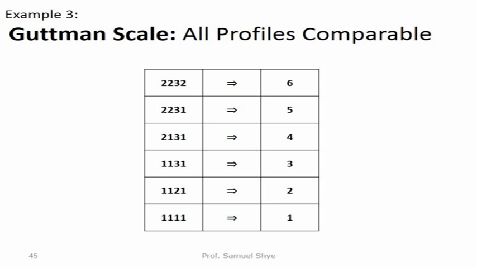In this example that you see in front of you, we have 6 profiles and each is assigned a new score of just 1 digit, as you see, and that's enough. But any other ordered scale may be used. For example, we can use the sum of the original scores. In fact, this is the only case where summation of scores is indeed justified.